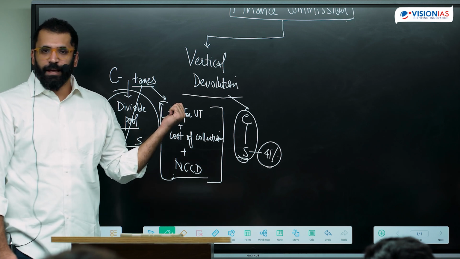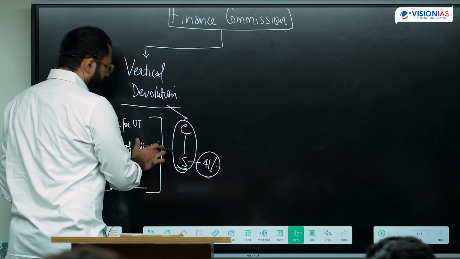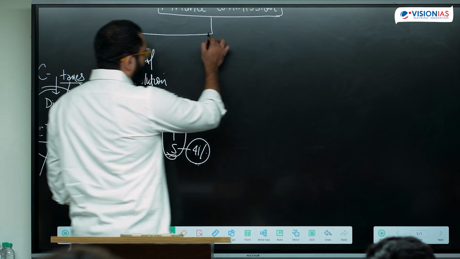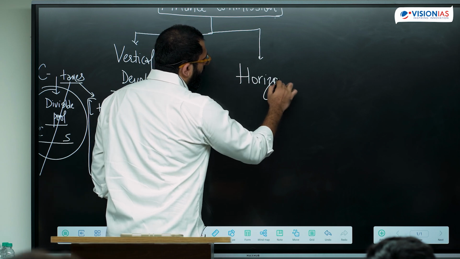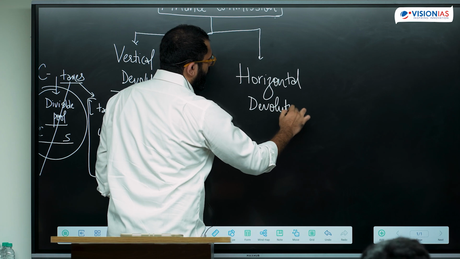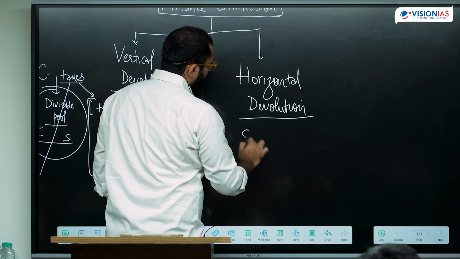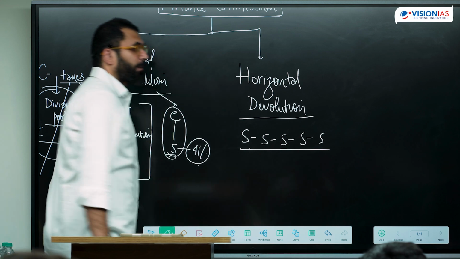Is this clear? Now, if the states cumulatively have got 41%, the next responsibility of the Finance Commission is to do the horizontal devolution. That is, after getting the 41%, all the states also have to be given money.